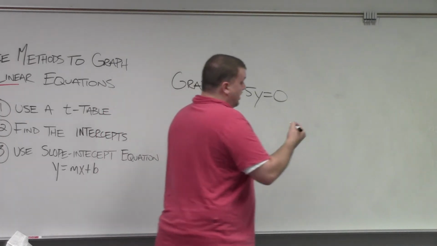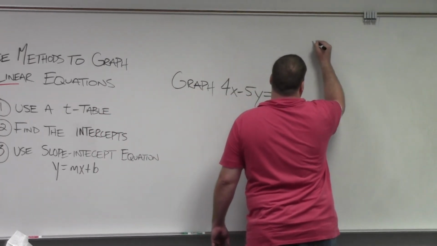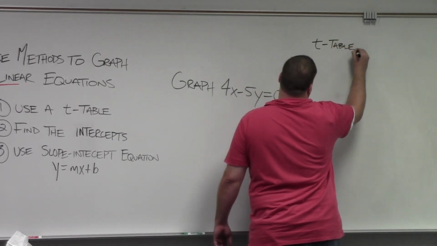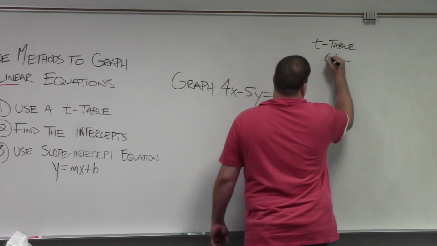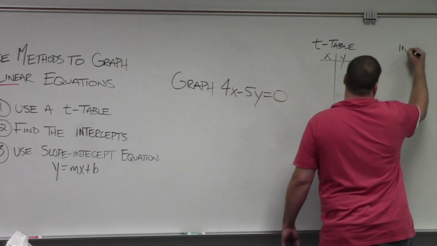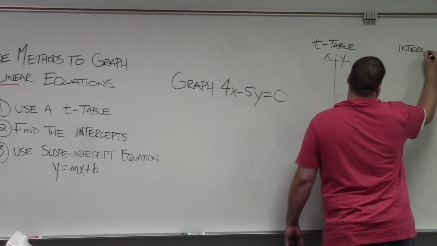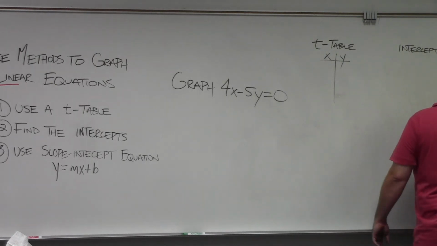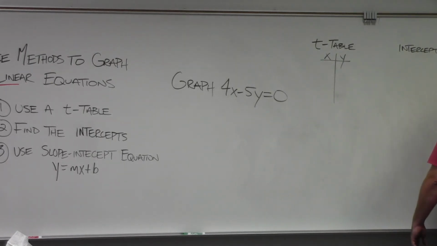All right, and let's say I've got these 3 methods here. I've got a t-table, I've got intercepts and slope, and I've got y equals mx plus b.